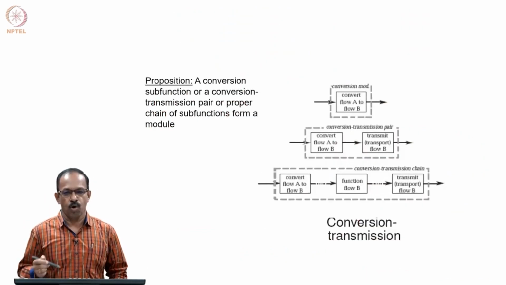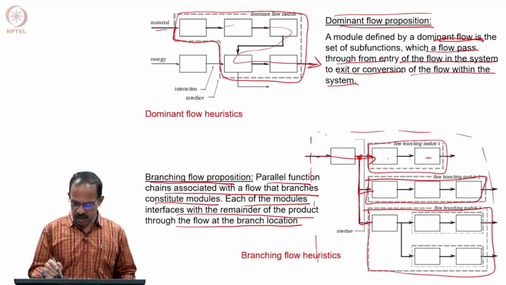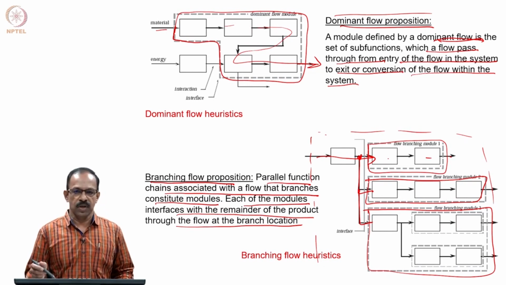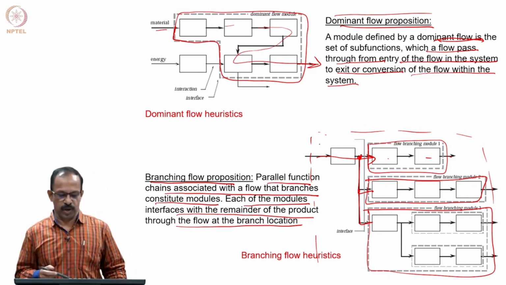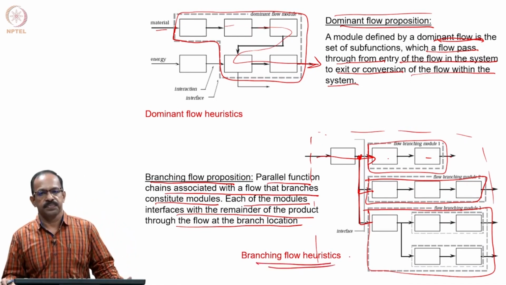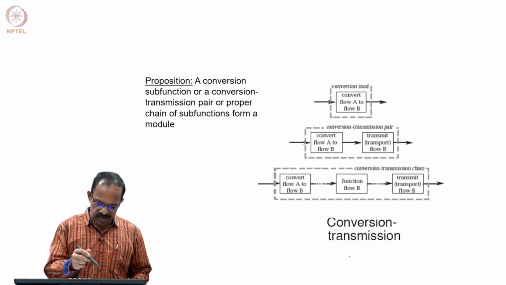This becomes the common interface. So, that identifies the common interface, and then we can see that these 3 can be considered as modules which have a common interface with the rest of the product. Okay, that is known as the branching flow heuristics. And the last one is the conversion transmission.